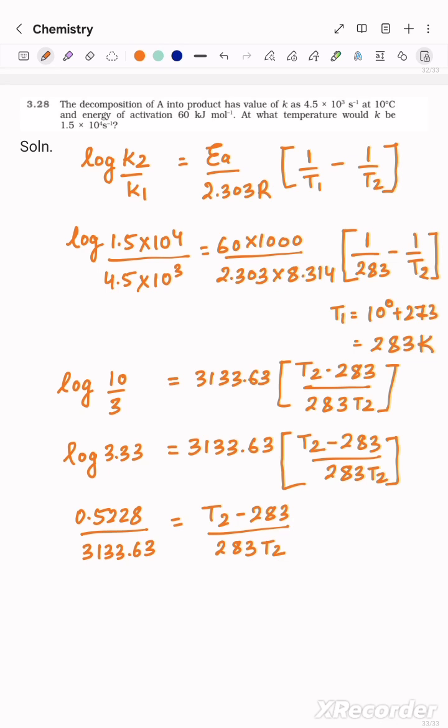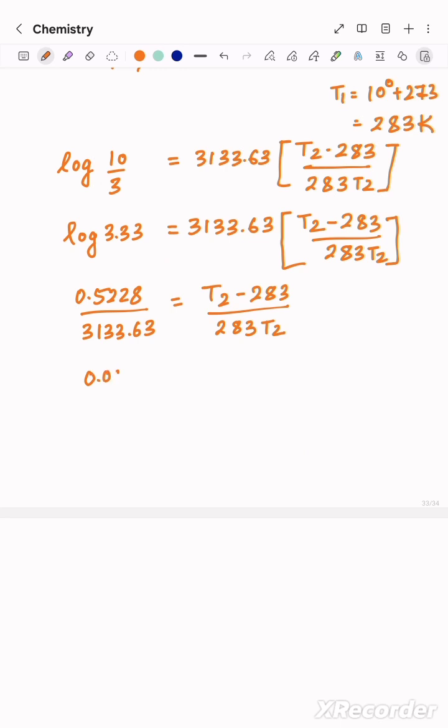Now after calculating, this will become 0.000167 is equal to T2 minus 283 upon 283 T2.